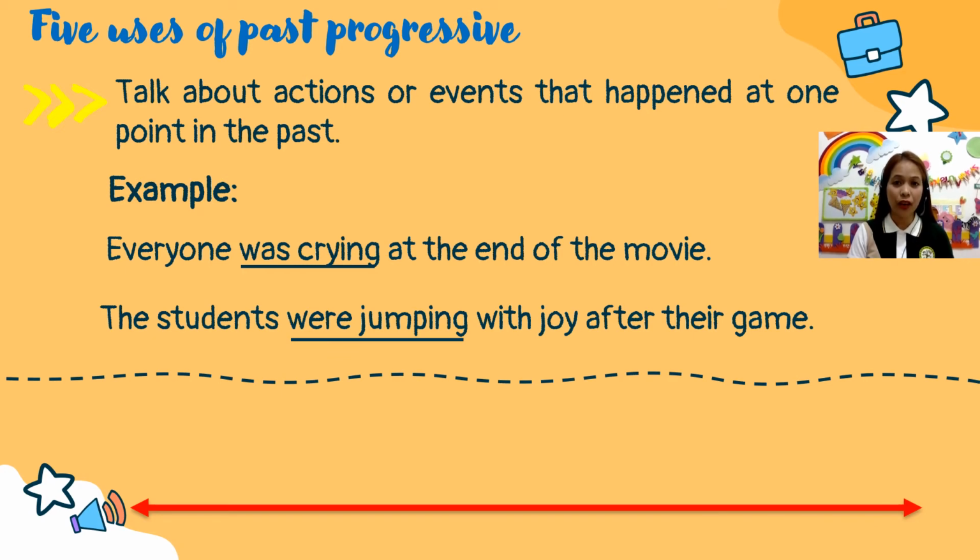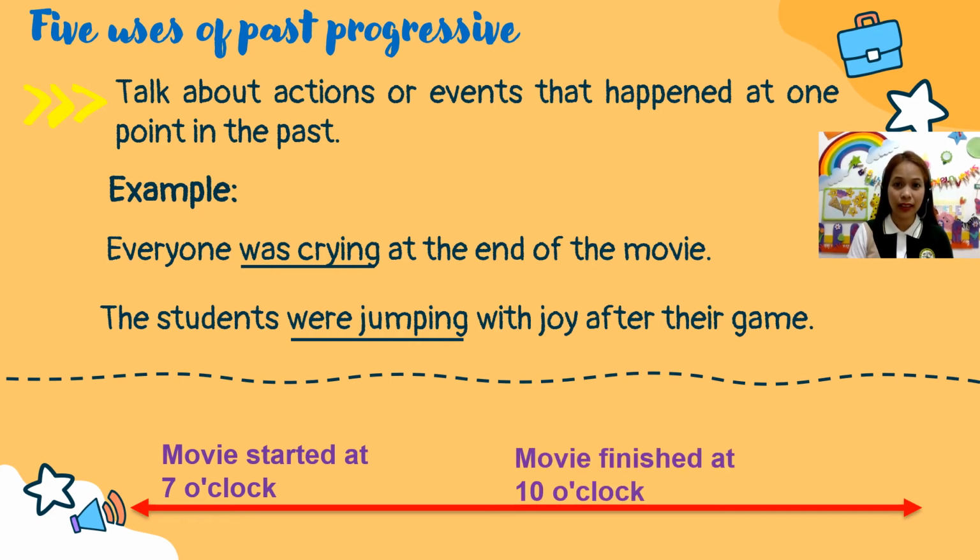Perhaps the movie started at 7 o'clock and ended at 10 o'clock, and at that time everyone started crying. Okay? And that happened only at one point in the past, after they watched the movie. Alright?